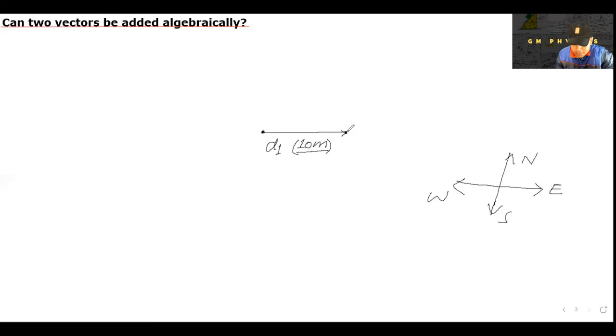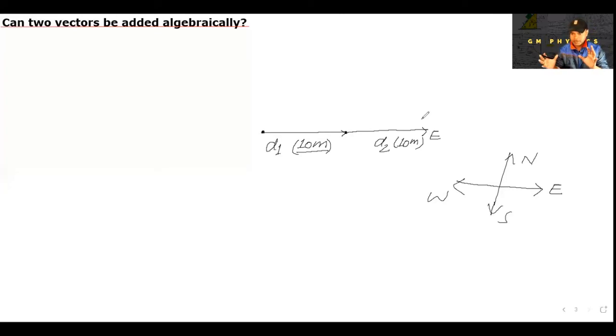Now again, the person moves for 10 meters along east direction. So this is his second displacement, D2. This is along east, and how much? 10 meters. Try to connect with the previous example. We defined roughly what is displacement from initial to final position, right?